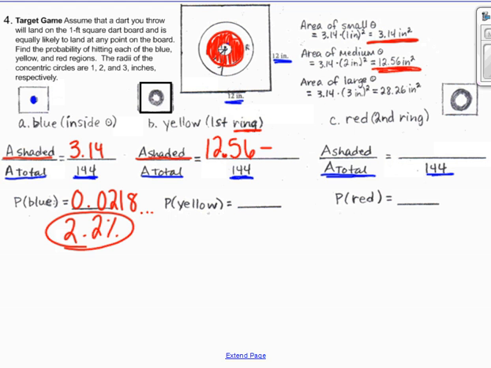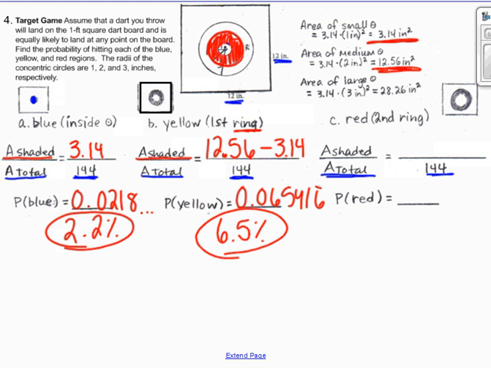So I subtract out the middle one, which is 3.14. So 12.56 minus 3.14 is 9.42, and then I divide that by 144. For my probability, I get 0.065416 repeating, and so on. As a percent, that would be 6.5% for the ring.